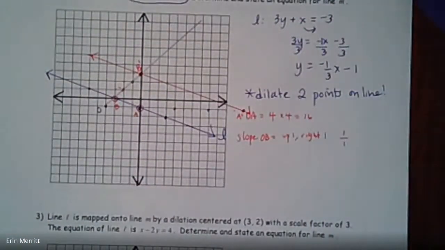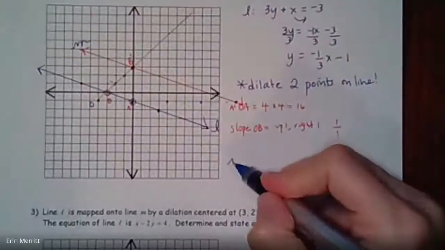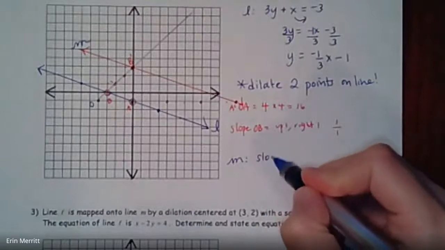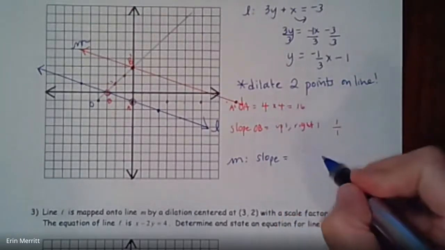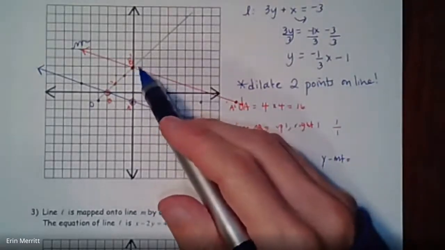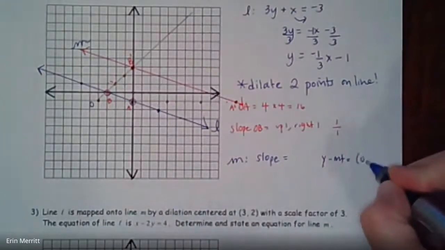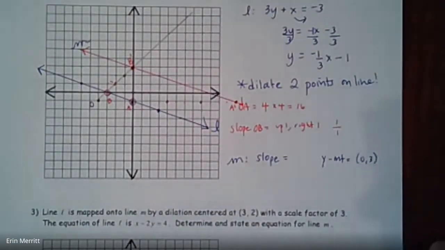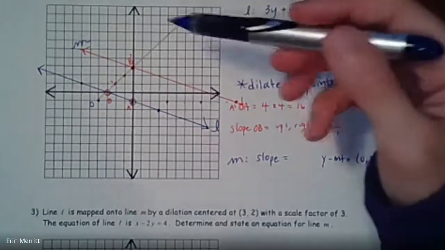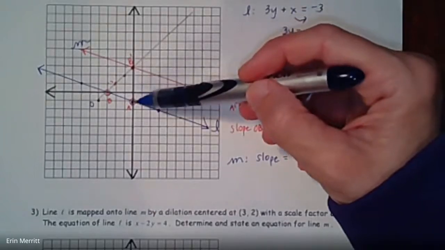So now I would need to create the equation, because this is what we said is line M now. So for line M, I need the slope. I need the y-intercept. Nicely enough, point B is the y-intercept. So that's the point (0, 3). And then if I need the slope, this could be a touch trickier, but we can try it. From here, we're going to come down 1, 2, 3, 4.